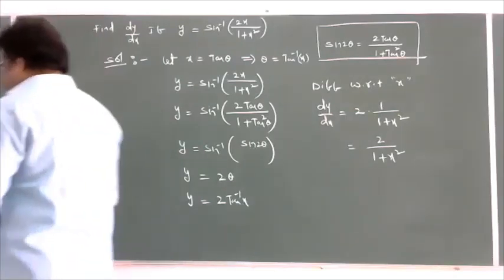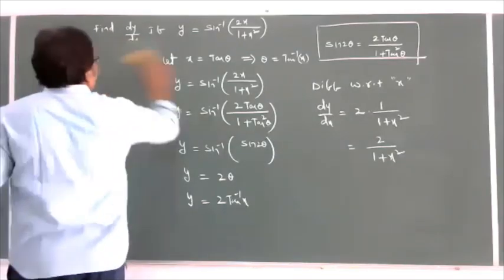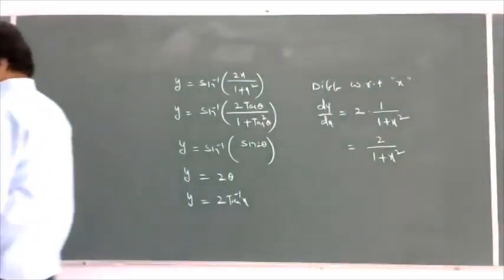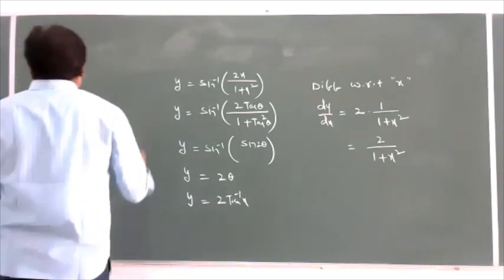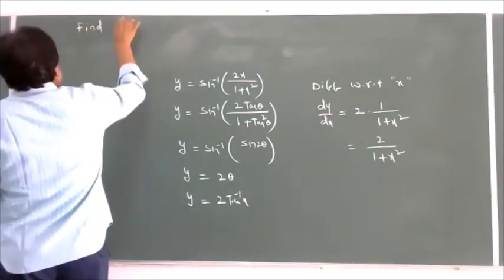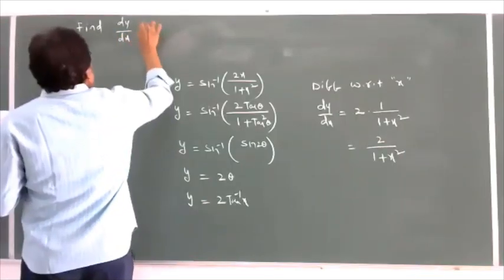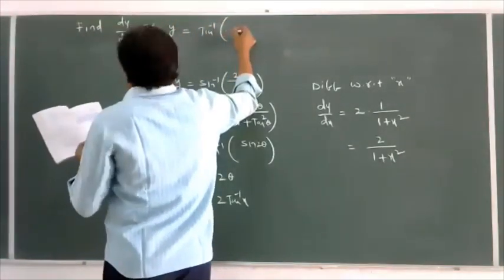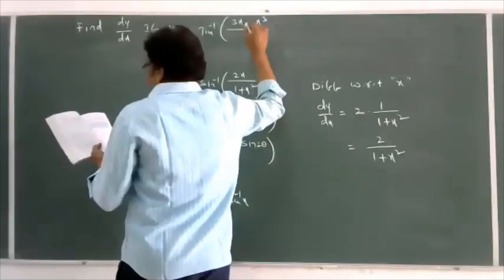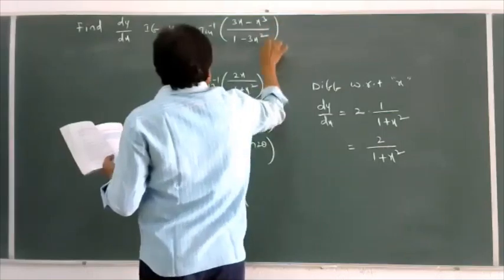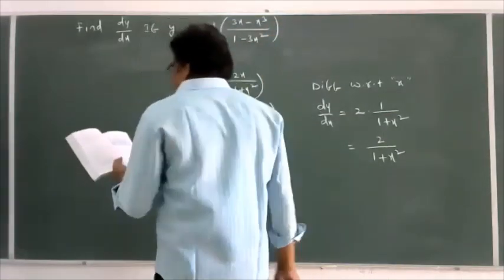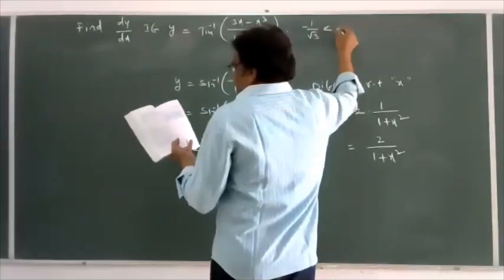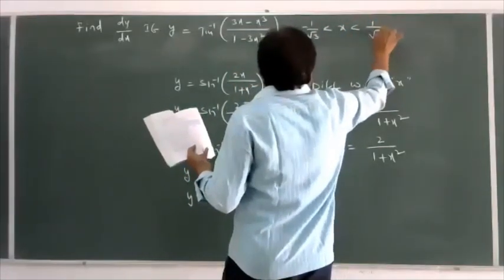Next, 10th problem. Find dy by dx if y is equal to tan inverse of 3x minus x cube by 1 minus 3x square, where minus 1 by root 3 is less than x is less than 1 by root 3.